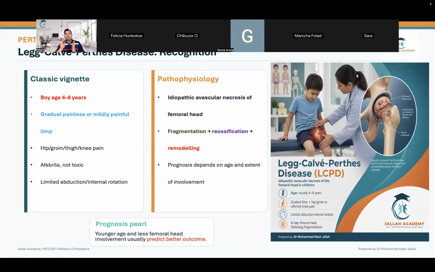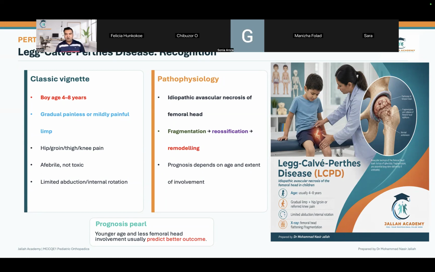This one is painless or mildly painful. So it's not going to be as painful as slipped capital, but there is limping. The patient is limping. The age is younger, the weight is lesser, and the pain is lesser. Hip, groin, thigh, knee pain, same thing.